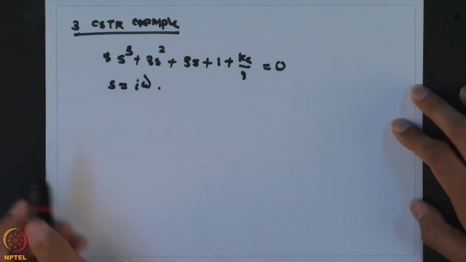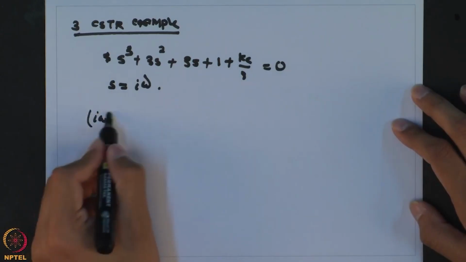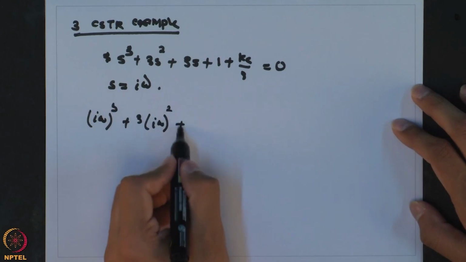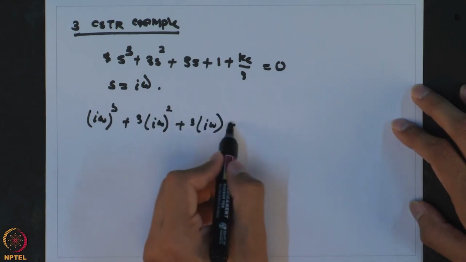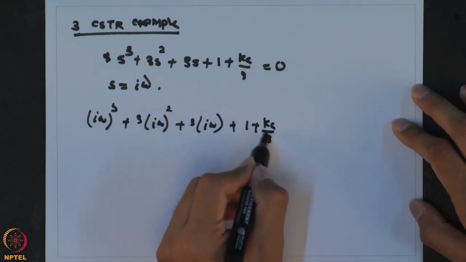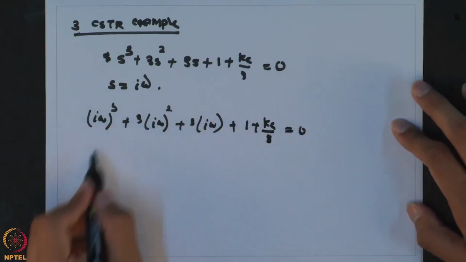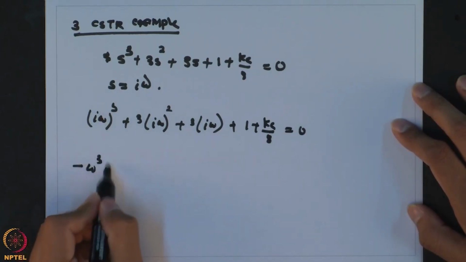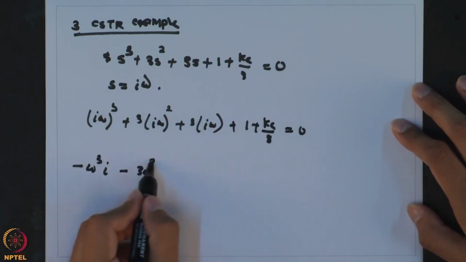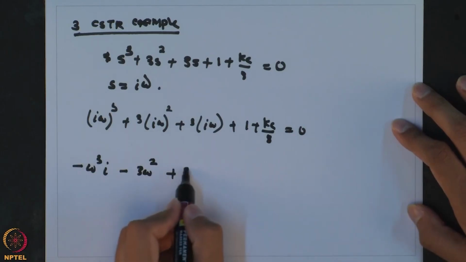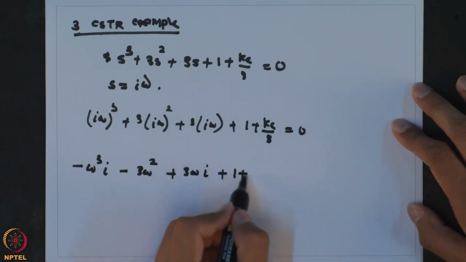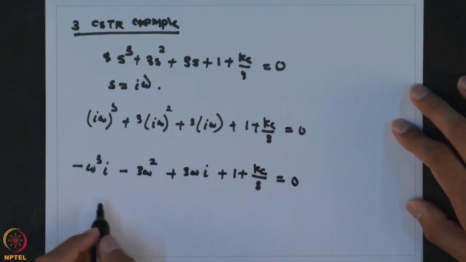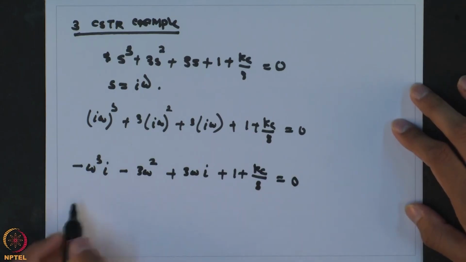So, what we are going to get is (i omega) cube plus 3 (i omega) square plus 3 i omega plus 1 plus Kc over 8 equal to 0, which on simplification gives minus omega cube i minus 3 omega square plus 3 omega i plus 1 plus Kc over 8 equal to 0, and then we bring the real and imaginary terms together.